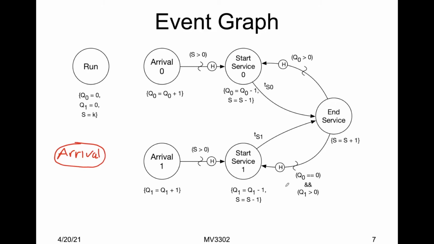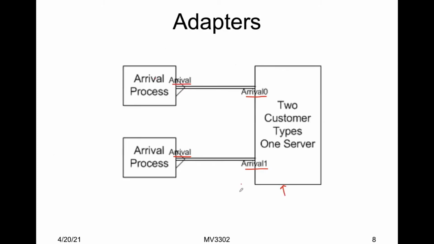Here's a situation where we have two different arrival streams, and so we need two different arrival processes. Oh, okay, I missed that nuance. Before we only needed one because that's all we had. Here we have two, and so we need two. And if we had n, we would need n.